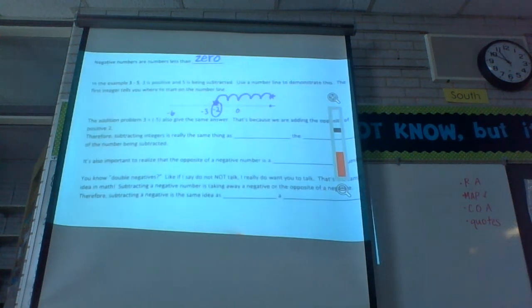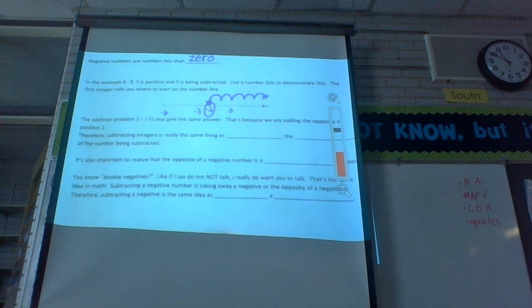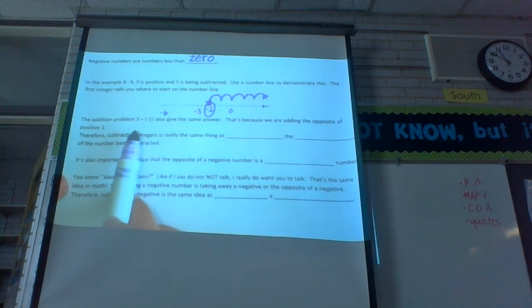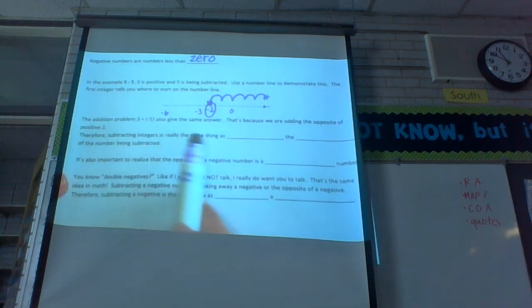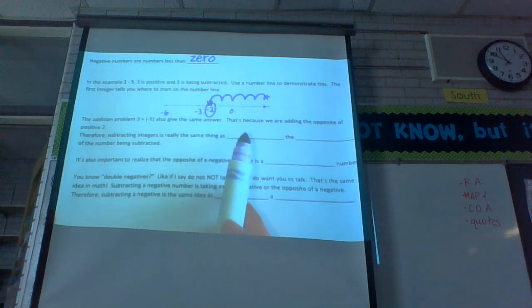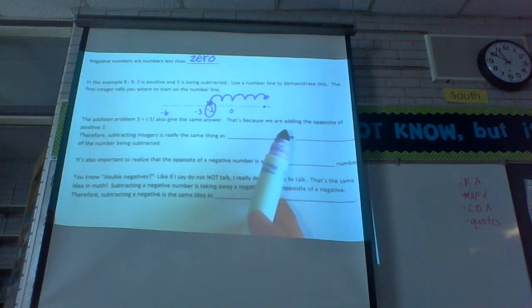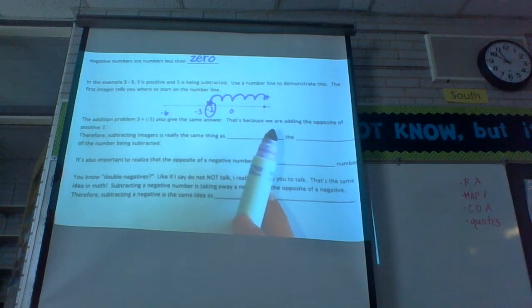All right, let's continue. The addition problem, 3 plus negative 5, also gives the same answer. And that's because we're adding the opposite of positive 5. That was a typo before, it should be 5.